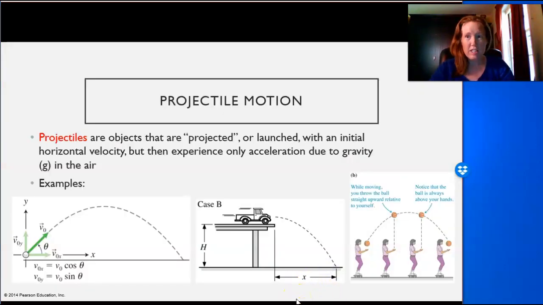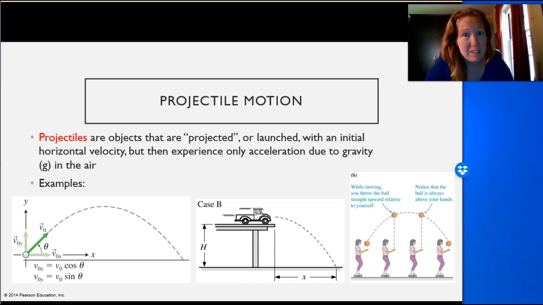So the definition here that you read about in your book is that a projectile is anything that is projected or launched to begin with. Maybe it has a launch angle from 0 to 90, although 90 degrees from horizontal makes it something that would go straight up and come back down, which we already covered.